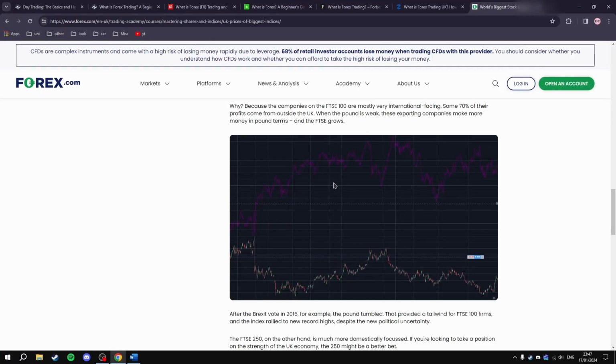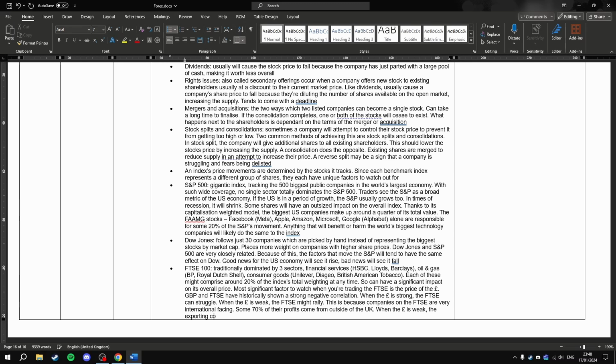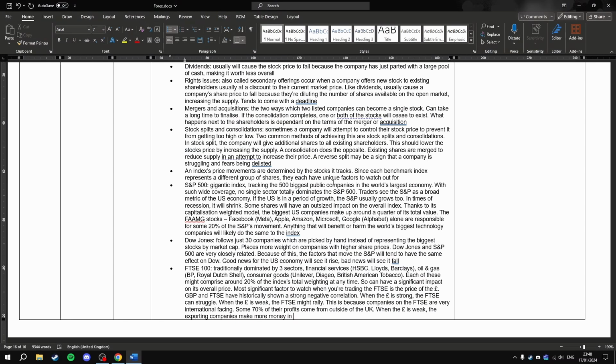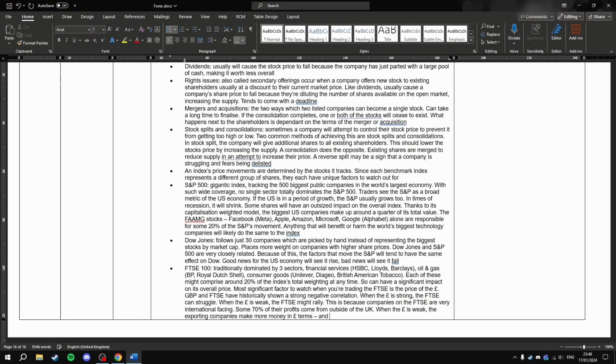When the pound is weak, these exporting companies make more money in pound terms and the FTSE grows.